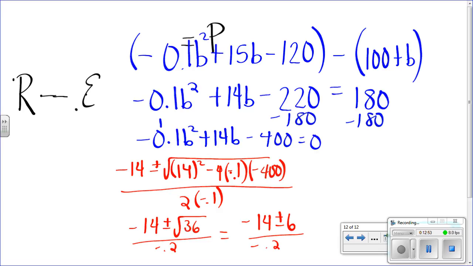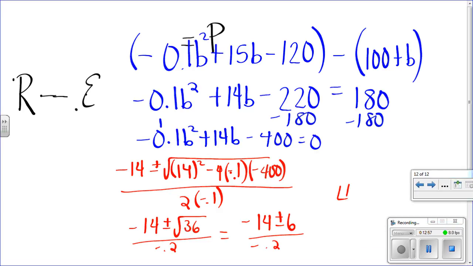What do these two simplify to? 40 and 100. 40 and what? 100. So what do those two numbers mean?